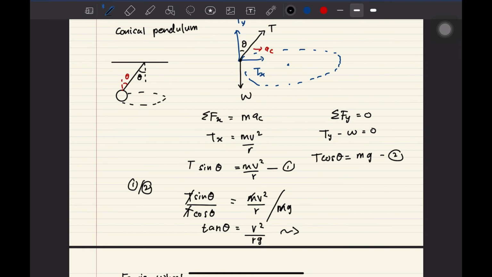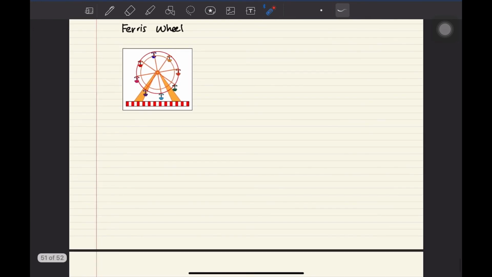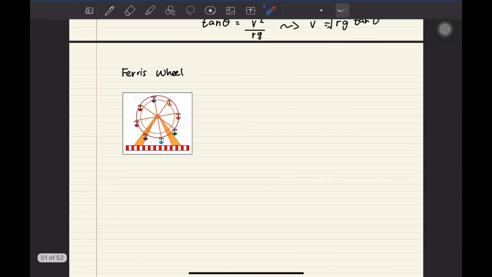Just double check whether this one is correct. G is down here, so okay, correct. Then I can rearrange, so v equals the square root of r g tangent theta. As long as your theta is over here, then it should be okay, you can use this one. Again, this is one way of solving it. Anyway, if you get the question, then you will understand it better.